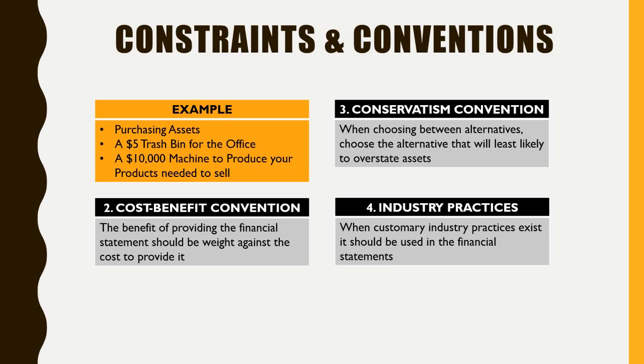And that's the materiality constraint, is it material enough that it will cause some kind of significant effect to your business? So again, comparing a $5 trash can, is that something that you want to put as a fixed asset? Or is that something that you can do as a mere minor expense? Versus a $10,000 machine, you should definitely not have that as an expense. That's definitely for sure an asset that you want to record. Okay.